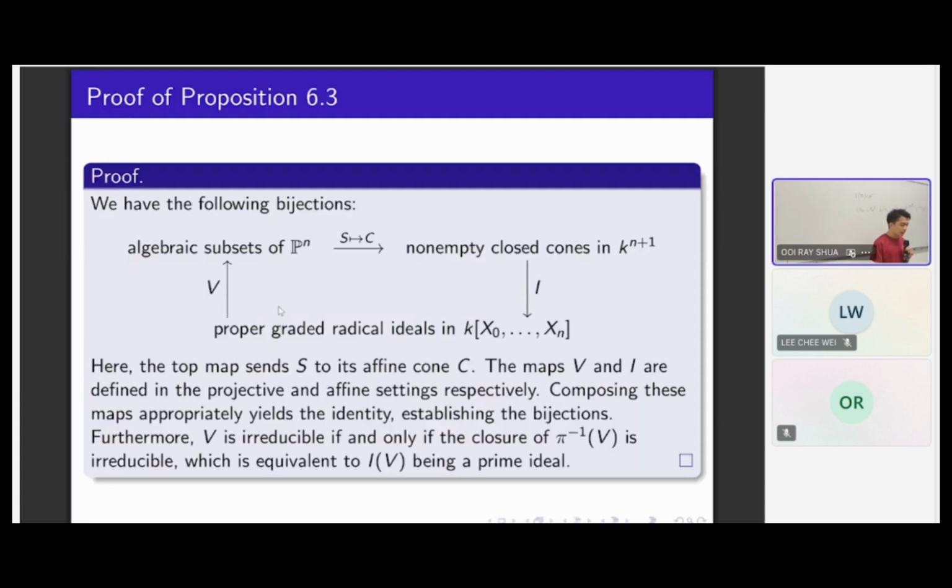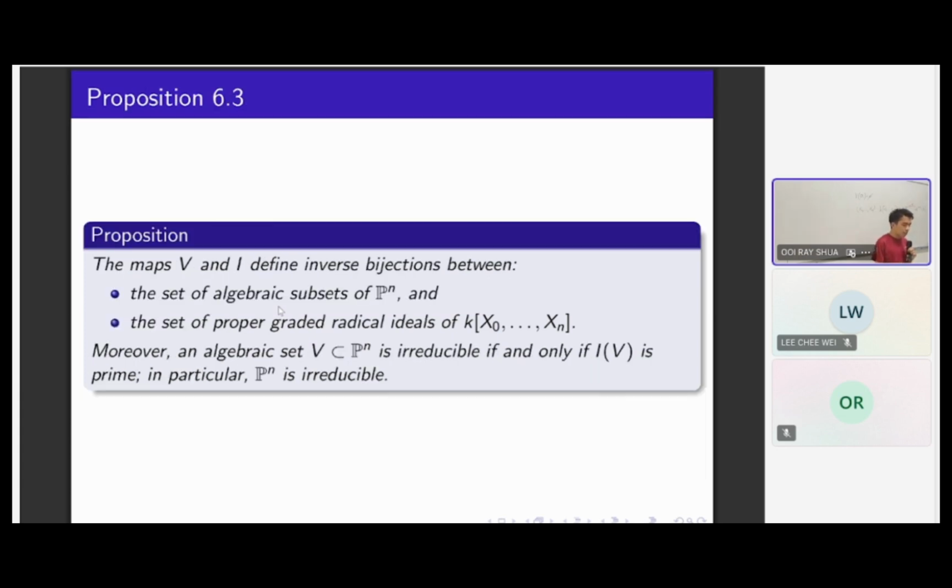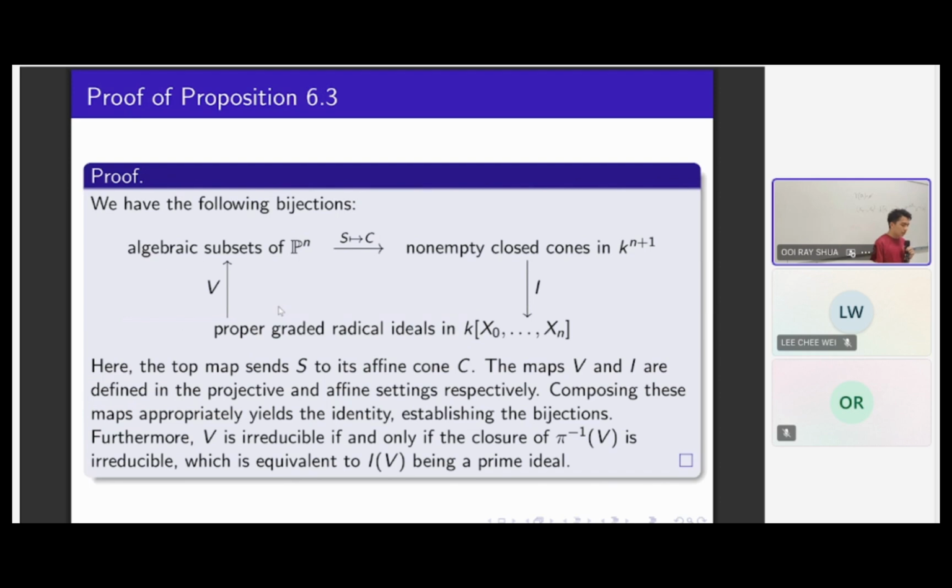And then with that, you can define the bijection between algebra and geometry. A small detail is the irreducibility: if you want to continue on with projective varieties, the irreducibility also transfers along.